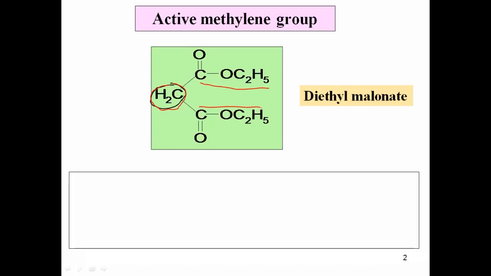Now that methylene group is attached from both sides by electron withdrawing group, and hence that methylene group is active. The hydrogen atoms of the methylene group are acidic in nature, they are highly active, and hence that compound is also called the active methylene compound. Now let us see some examples of electron withdrawing group.